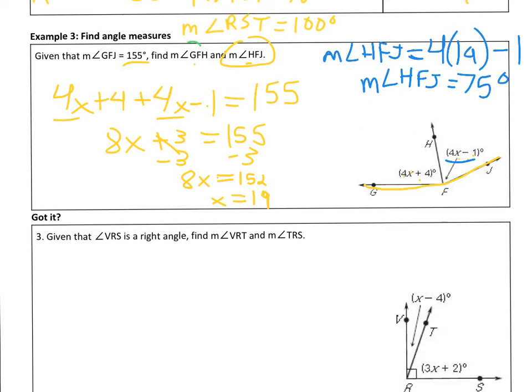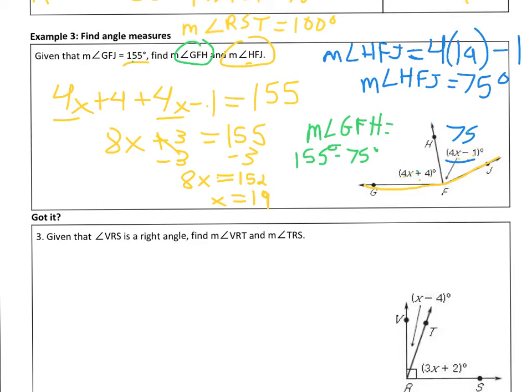And I kind of misled you guys right there too. I also asked to find GFH, okay? So if I found HFJ and said that was 75 degrees, I could just use a little bit of logic: if this angle plus this angle is 155, to find the measure of GFH, I could take 155 minus 75 degrees.